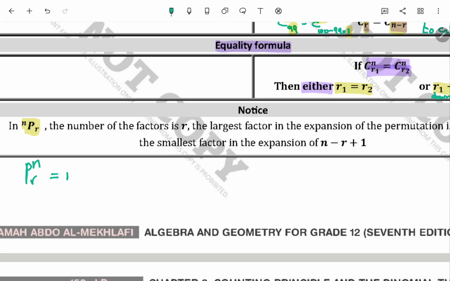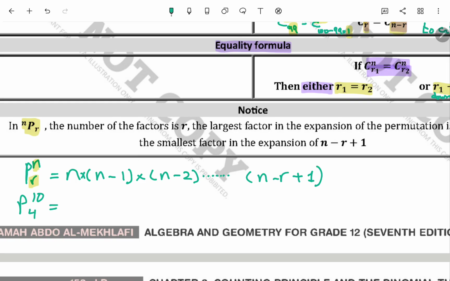Start by the biggest factor, which is n, then reduce it by 1 to get n minus 1, then reduce it by the next, and always we have multiplication between them, n minus 2, till you finish at n minus r plus 1, which comes by subtracting this n by this r, then adding 1. You can understand it more by numbers, like if I have, for example, here 10 permutation 4.